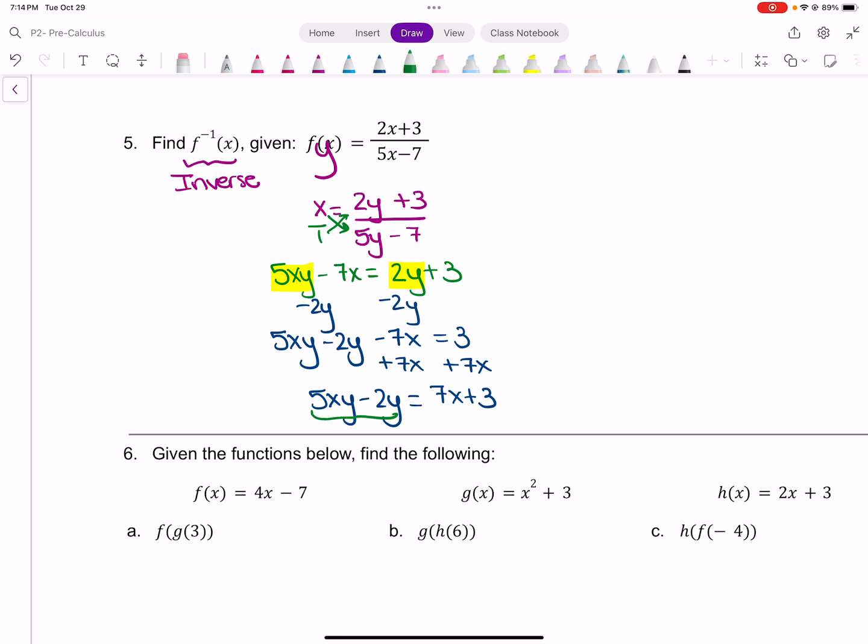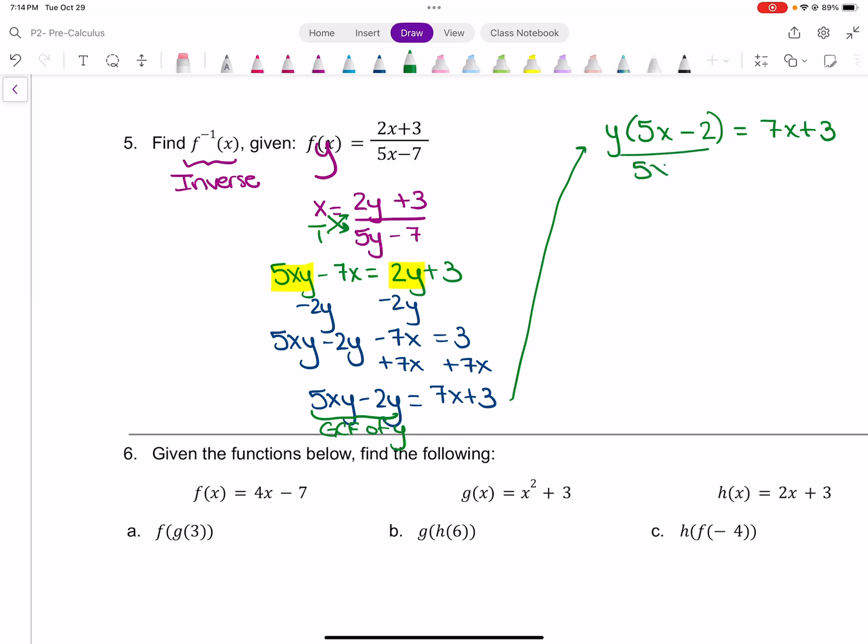On the left, we can now take out a GCF of y. So when we take out the y, we are left with 5x minus 2. I have not done anything to the right side, so it's still 7x plus 3.